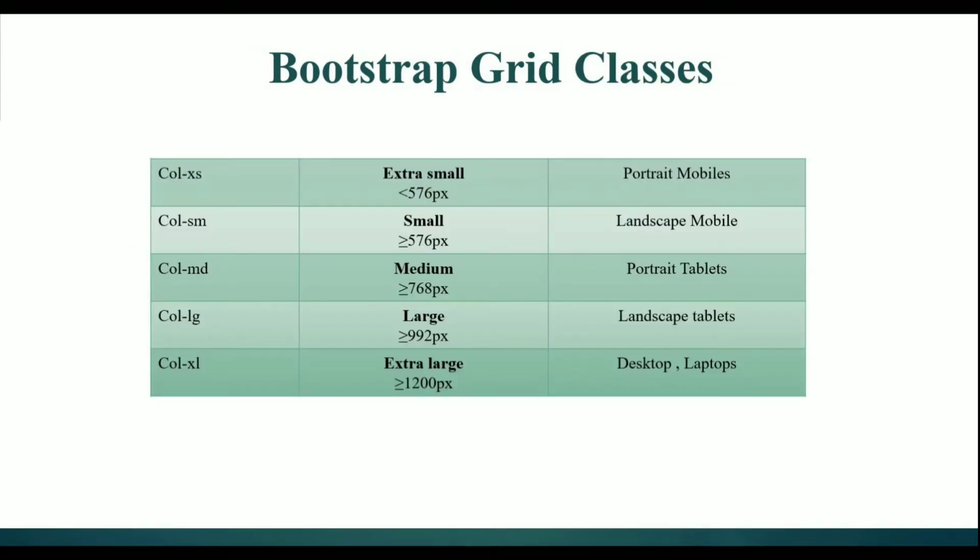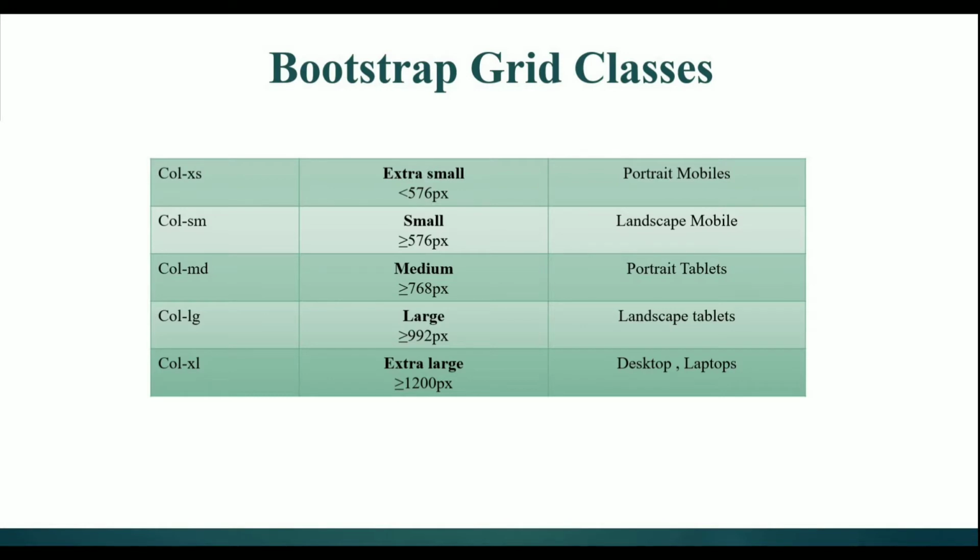Bootstrap grid classes. There are these 5 types of classes: col-xs, col-sm, col-md, col-lg and col-xl. XS is for screens less than 576px, like portrait mobiles. SM is for screens equal to or greater than 576px, like landscape mobiles.